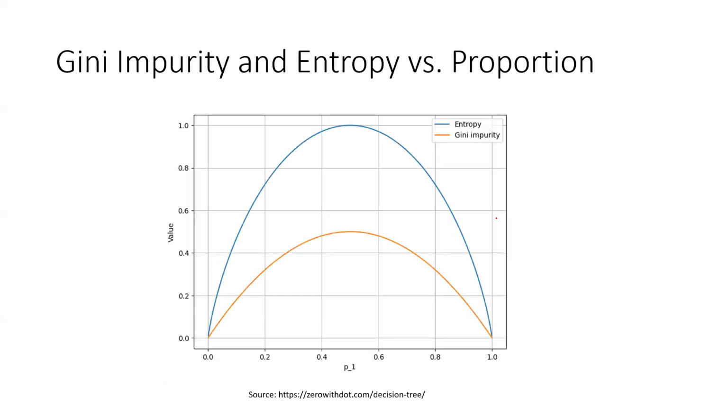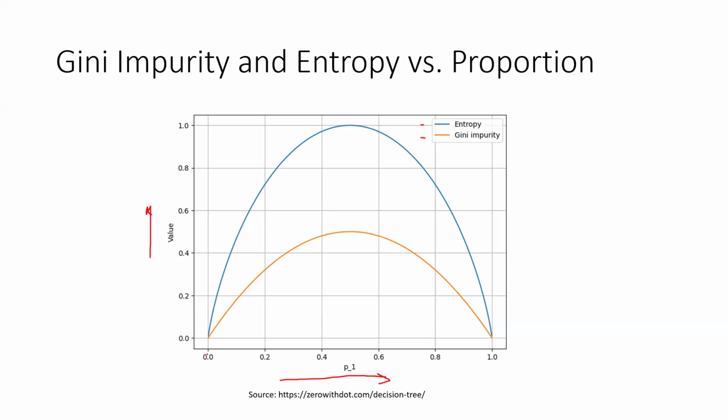When you map the impurity value with the proportion, this is how the Gini and the entropy are distributed.